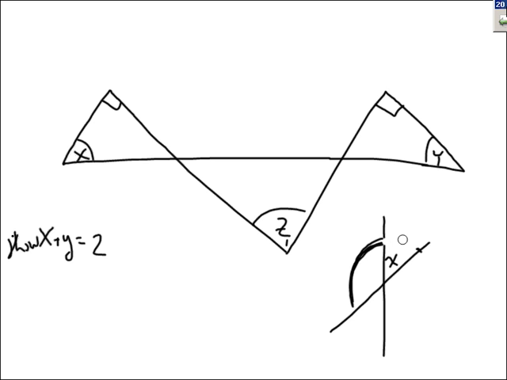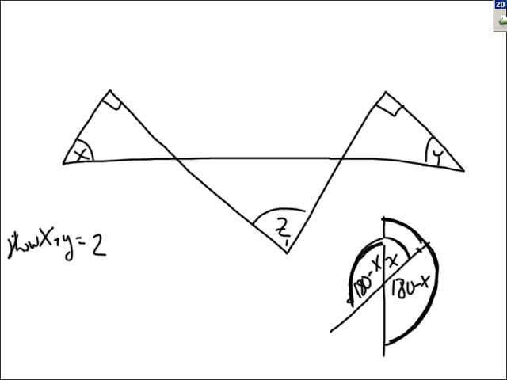Well then, if part of it I'm calling x, then the rest of it must be 180 minus x. Now, let's look at it from this point of view. This angle is 180. If this piece is x, then just this piece, it must be 180 minus x.